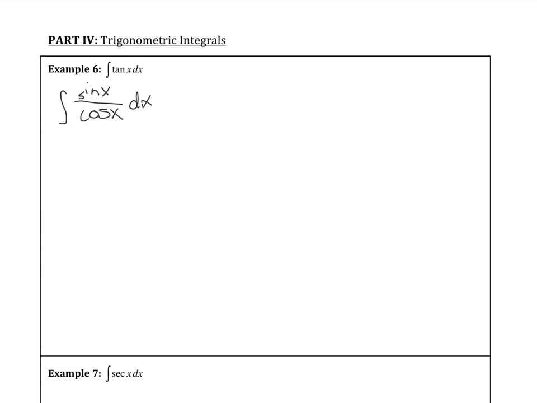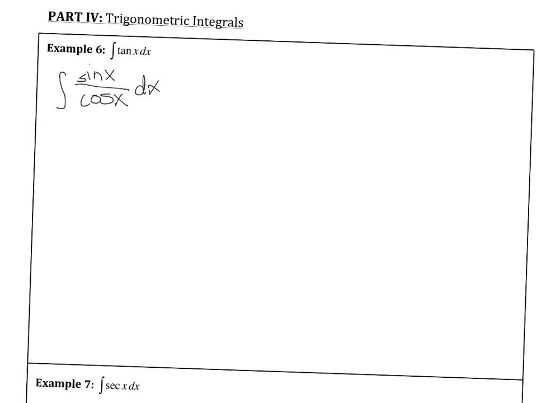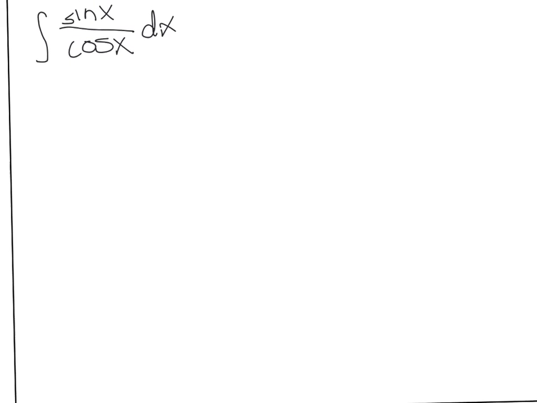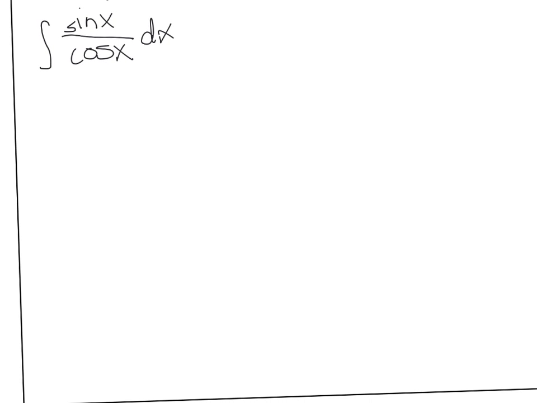And now we ask ourselves, do we see a pattern of function and derivative? And the answer is yes, but we need to be careful. I think most people like to say that u is sine, and then du dx is cosine, which is fine, but remember, we don't want a du on the bottom.